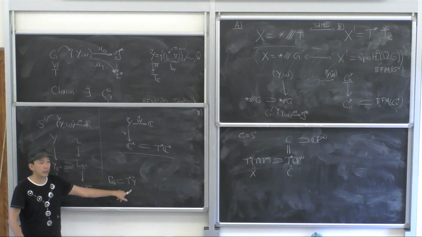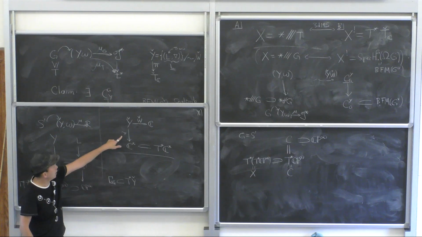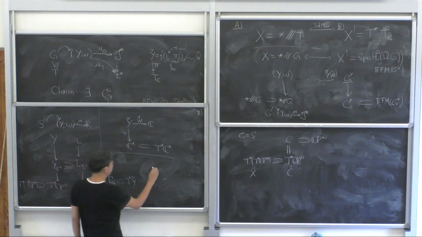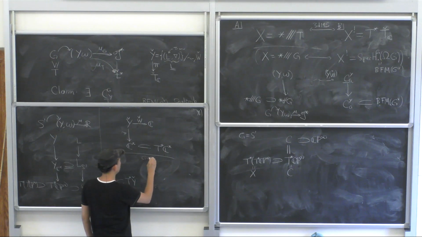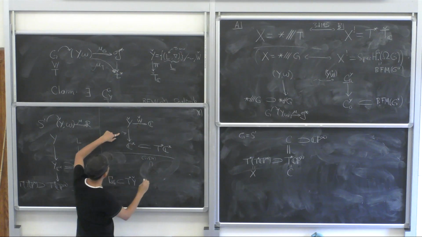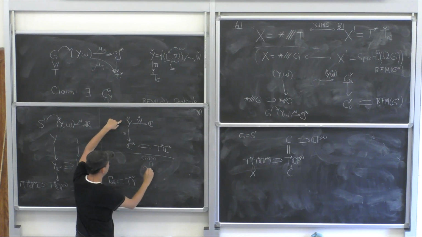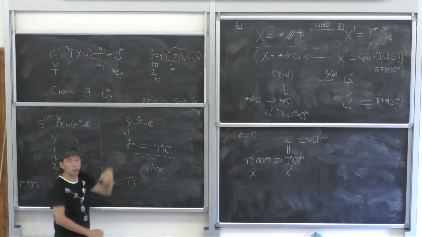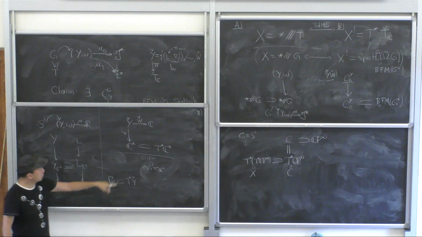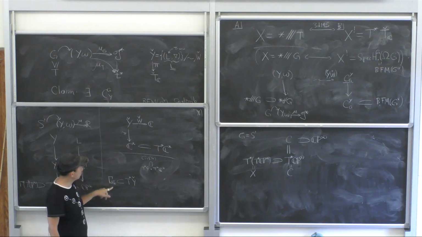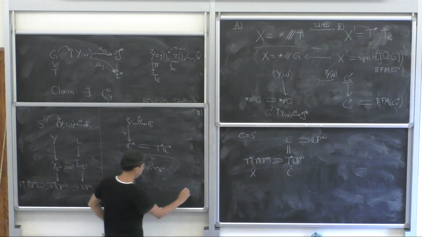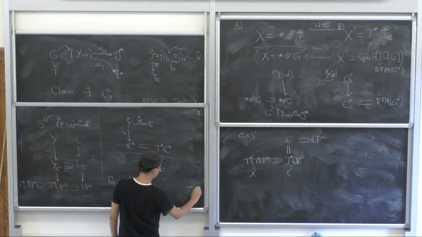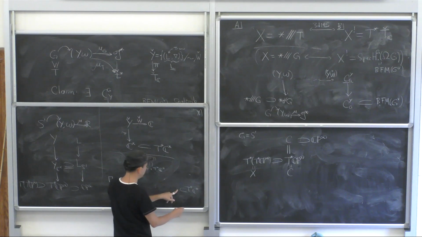And if you look at the graph of pi, that will give you a Lagrangian inside the cotangent bundle of Y check cross the cotangent bundle of C star. Okay, and then you use this as a Lagrangian correspondence to go from this Lagrangian to a Lagrangian in here. And that is our Lagrangian.